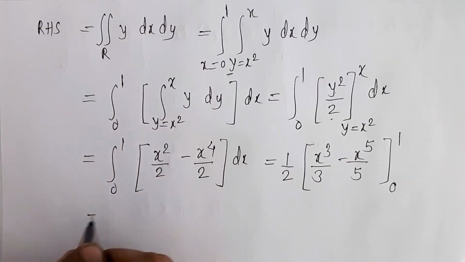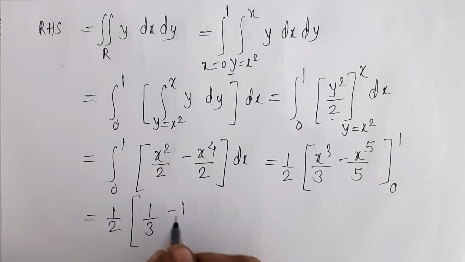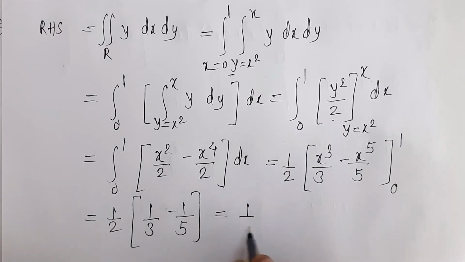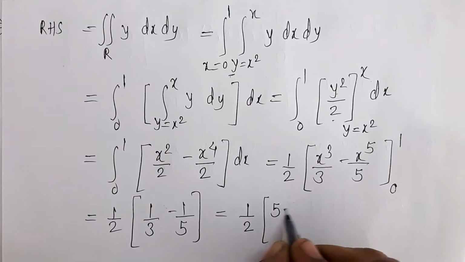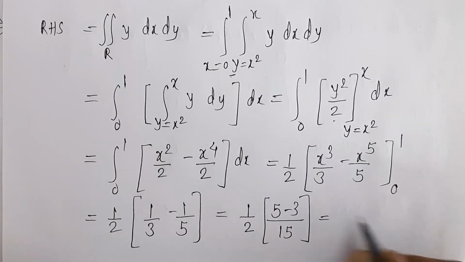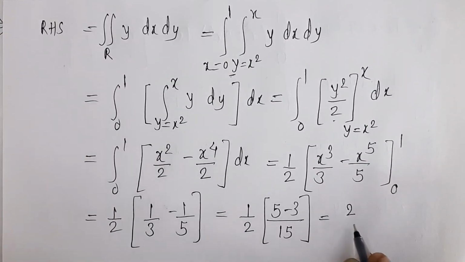Now substituting the limits, it is 1 by 2 as it is. Put the upper limit: 1 by 3 minus 1 by 5, and the lower limit becomes 0. So it is equal to 1 by 2 times (5 minus 3) divided by 15, which is equal to 2 divided by 2 multiplied by 15.